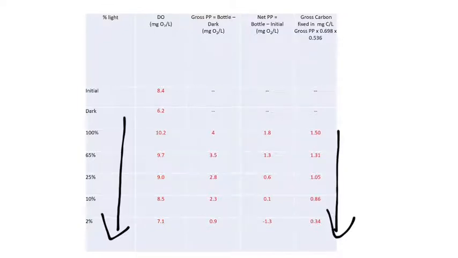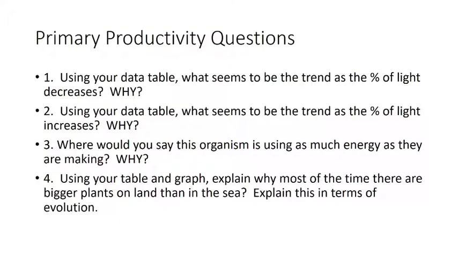So let's think about why there. The why to this answer is because there's less light, there's also less photosynthesis. Photosynthesis produces oxygen and fixes carbon. So as the percent of light goes down, there's going to be less oxygen produced, less carbon fixed.